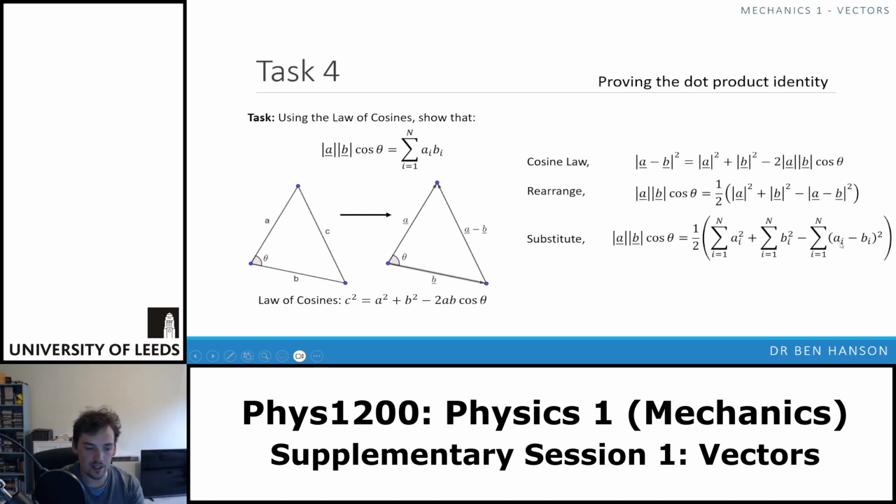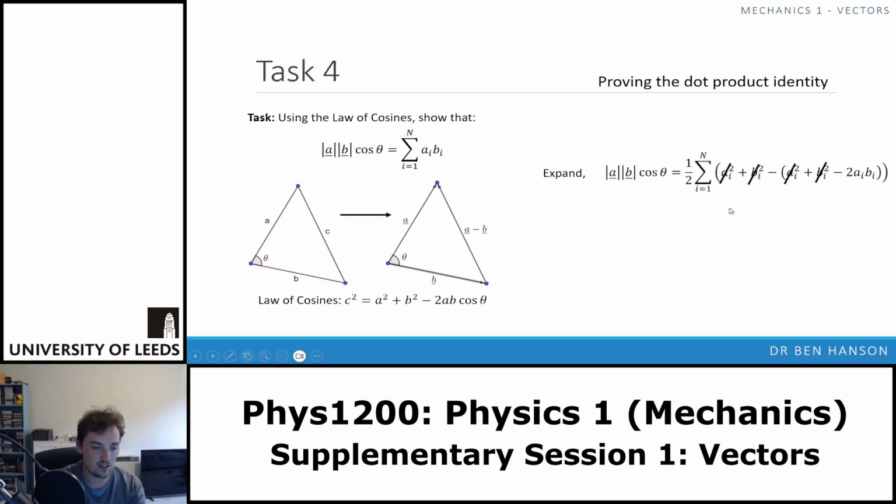A minus B squared is A1 minus B1, all squared, plus A2 minus B2, all squared, plus A3 minus B3, all squared, summed over all of them. Expand it, so we'll pull that summation out, expand these brackets as Ai squared plus Bi squared minus 2AiBi. We've got an Ai here, a Bi here, one there, one there.